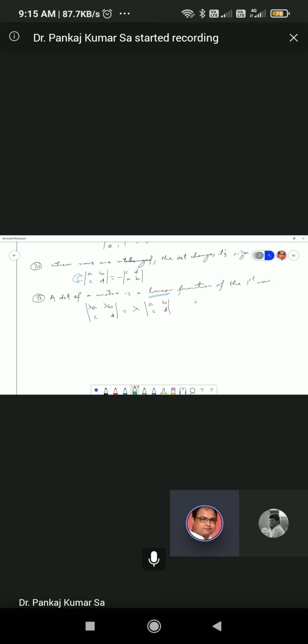If a matrix is multiplied with a scalar quantity, let us say k, then it becomes k a, k b, k c, k d, isn't it?